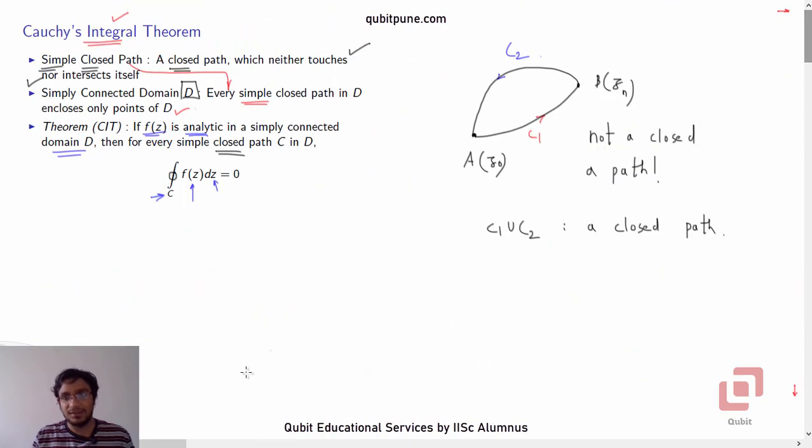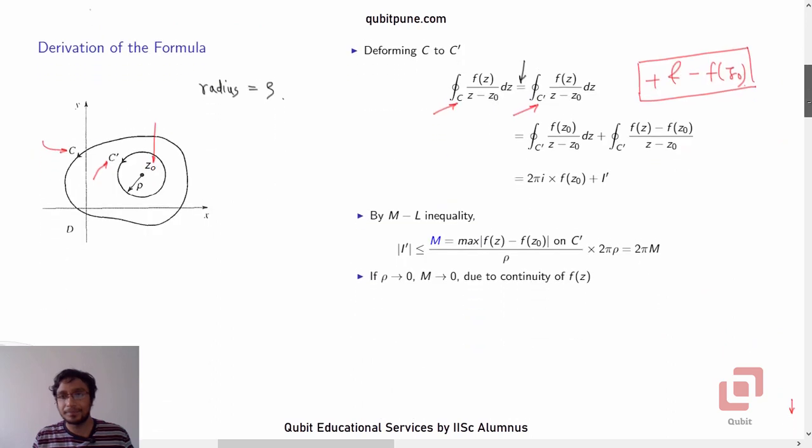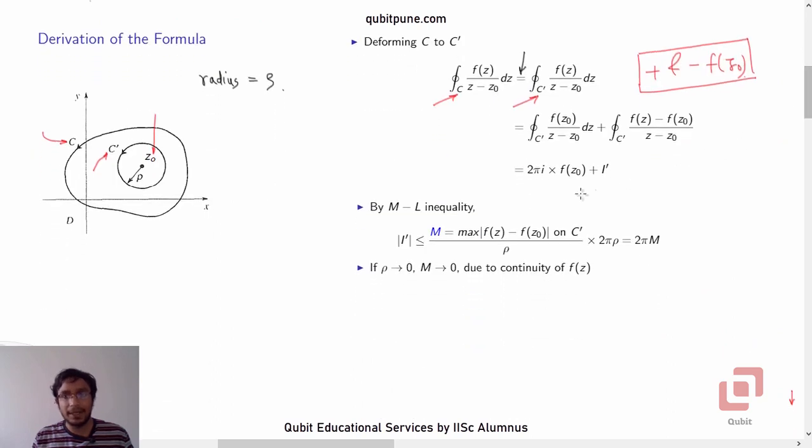We can use this result and get the value of the first integral as 2 pi i times f of z naught, because f of z naught is a constant as far as z is concerned. So it is 2 pi i times f of z naught. Refer question 2.